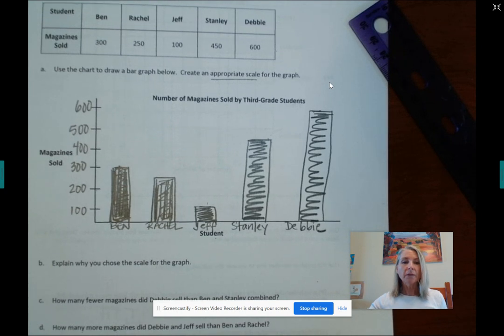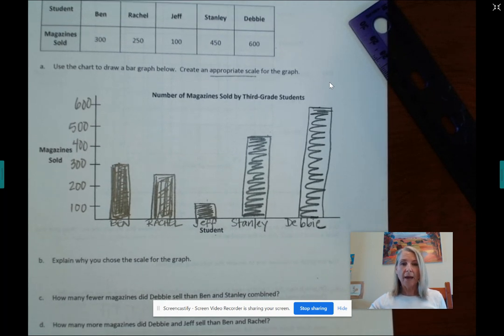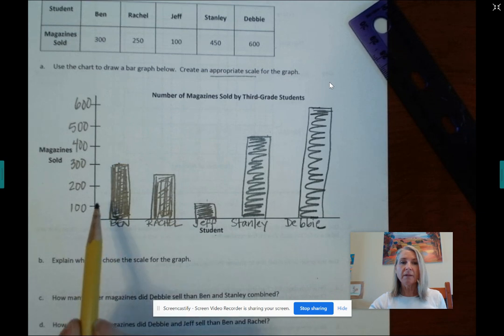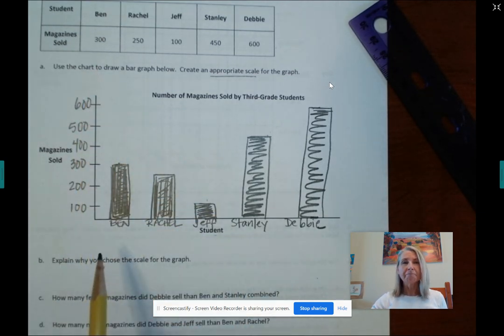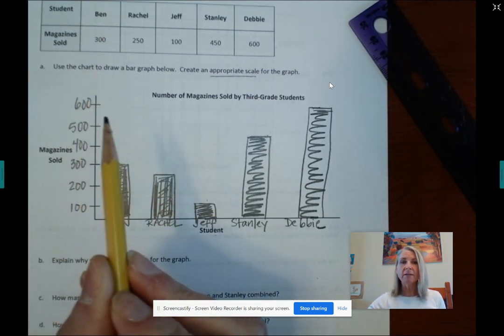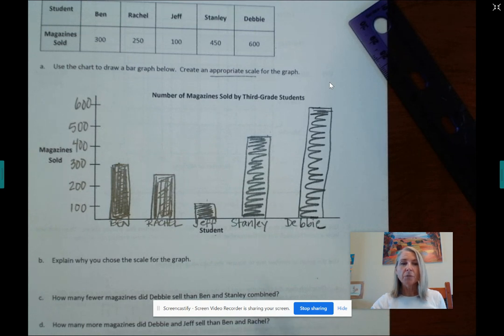Explain why you chose the scale for the graph. So remember, the scale is the interval jumps that you decided. And we decided to skip by intervals of 100.